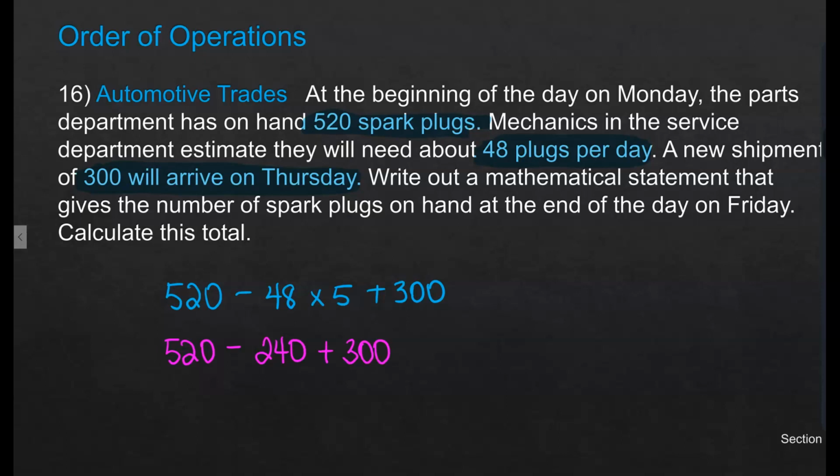Now, I would suggest when you're writing this out, you know how I highlighted everything, and you realize, oh, 48 plugs every day, and they're going to use those, so I had to subtract that, and that's why putting in parentheses here might make you feel better and go, okay, I know I have to subtract that part. We end up with then, at the end of the week on Friday, 580 spark plugs.